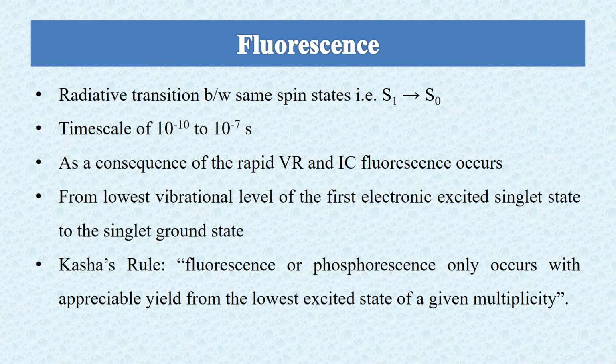And it occurs from the lowest vibrational energy level of the first electronic excited singlet state to the ground singlet state. And here is the famous Kasha rule, which states that fluorescence or phosphorescence only occurs with appreciable yields from the lowest excited state of a given multiplicity.